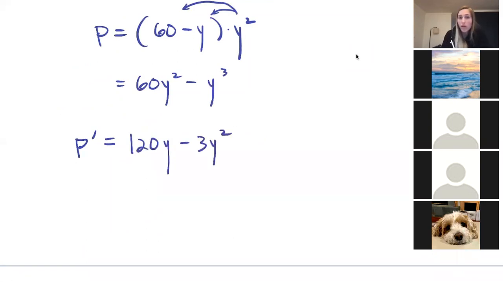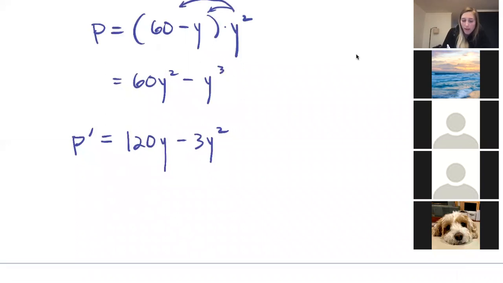And to find the critical values, our optimization equation is a polynomial. So to find critical values, we can just think about setting our derivative equal to 0 and solving that equation.